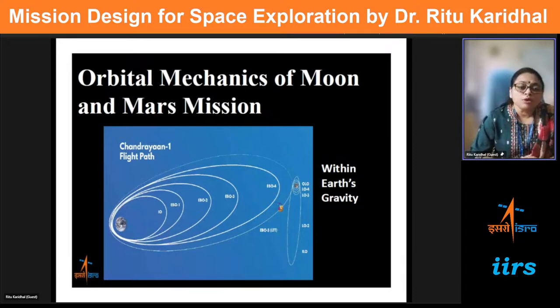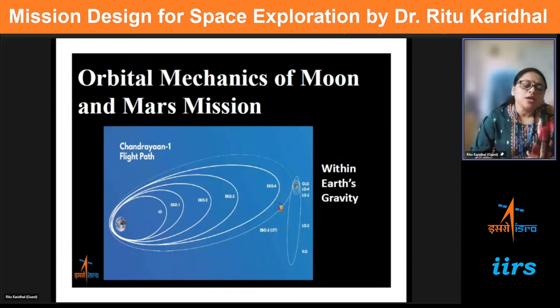But then the important thing is how to go, what is the physics behind it, what dynamics goes behind how we can reach the moon or Mars. So that is where our important subject comes in. I think you all would have started, maybe not now, but you will surely come across it in the next few years: something called orbital mechanics.